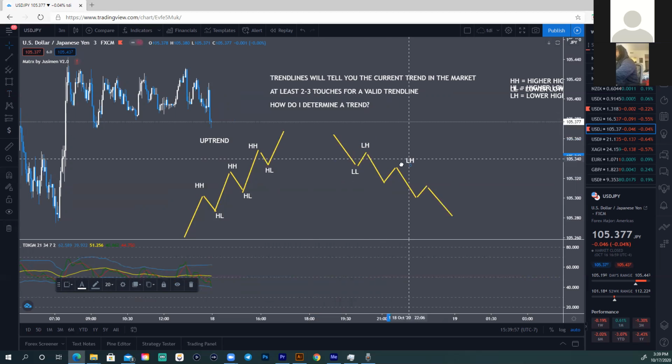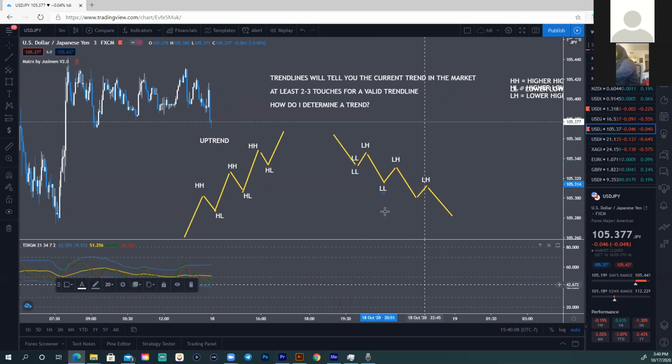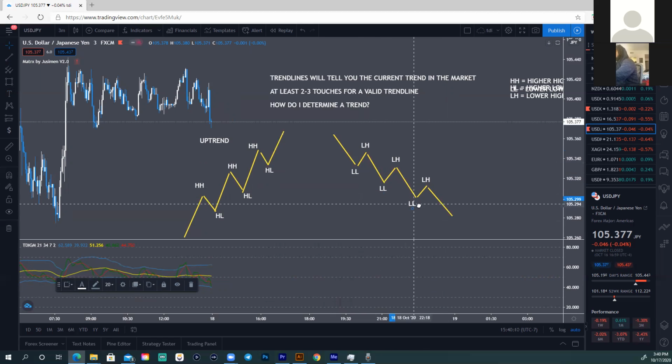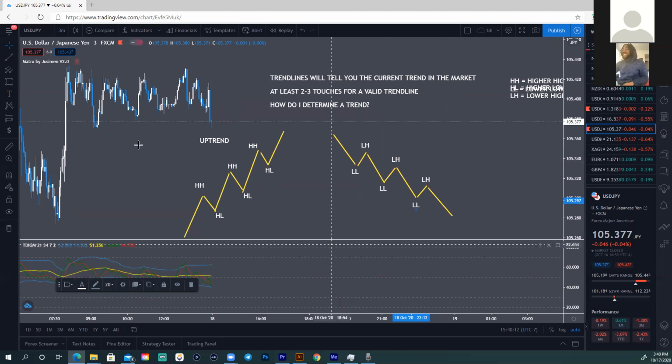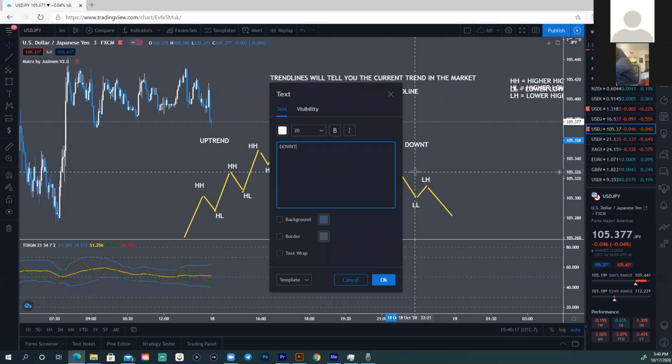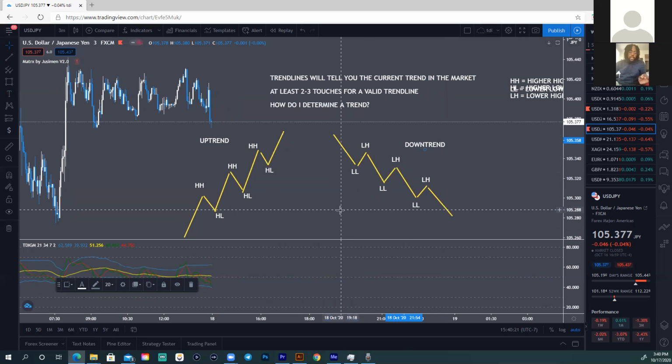So lower high, lower high, lower high. Okay. Lower low, lower low, lower low. Okay. And this is a downtrend.